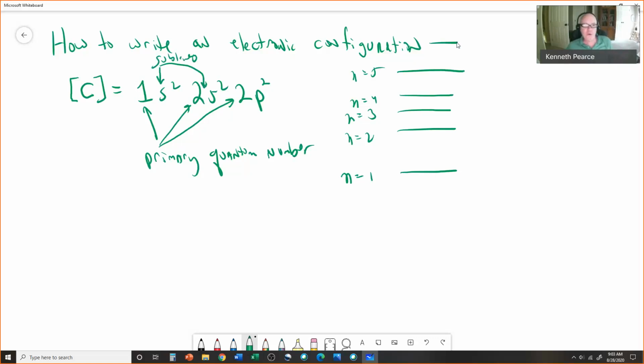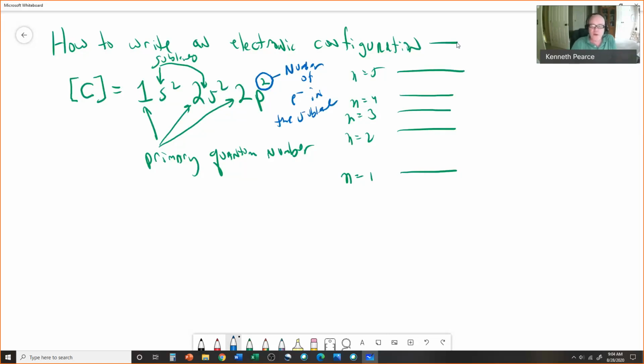And as I said before, we have S, P, D, F as our sublevels. And the big difference that we see are these guys right here. This is the number of electrons in the sublevel. Okay?